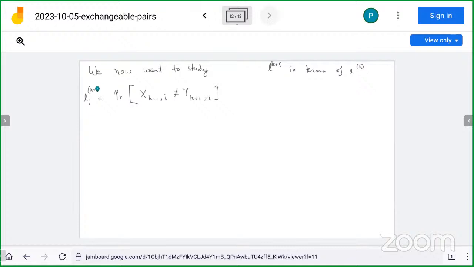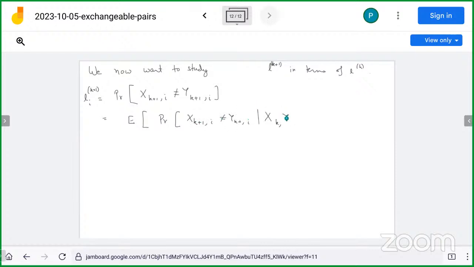Okay. So now the natural thing to do, since it is a Markov chain: take one step, condition on the previous step and see what happens. Which is the expectation of the probability that xk plus 1 i is not equal to yk plus 1 i, conditioned on xk yk.